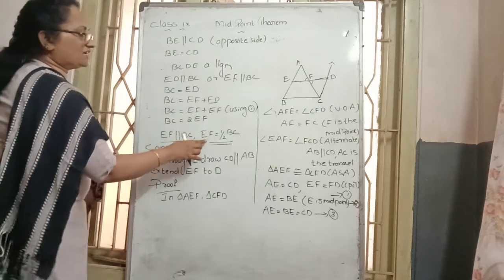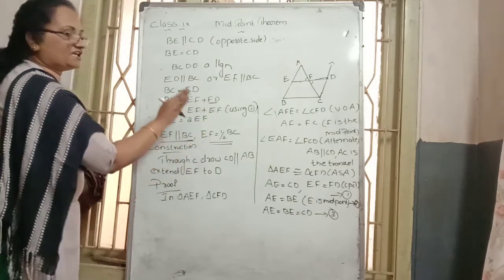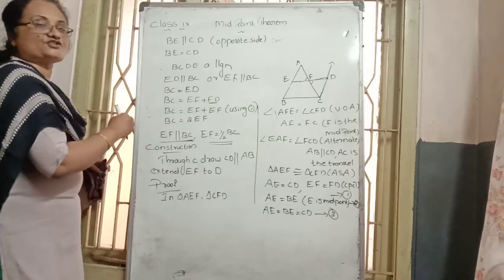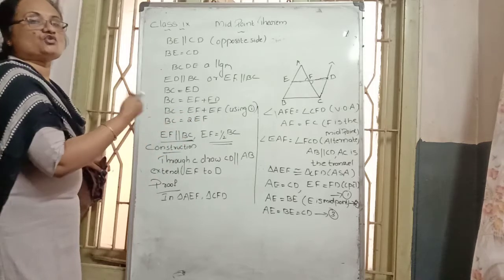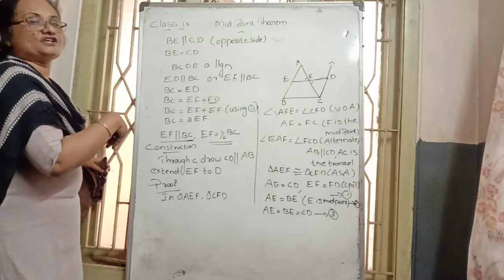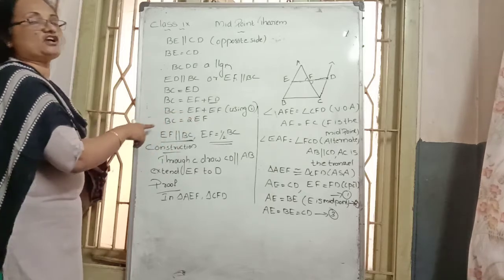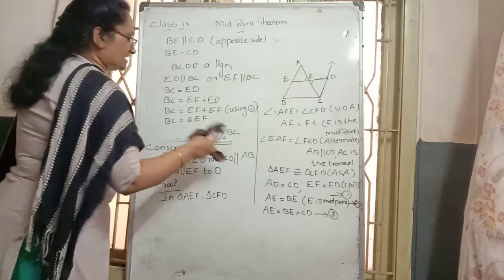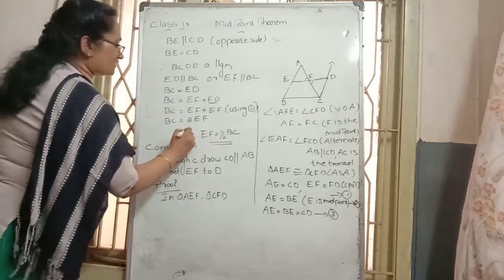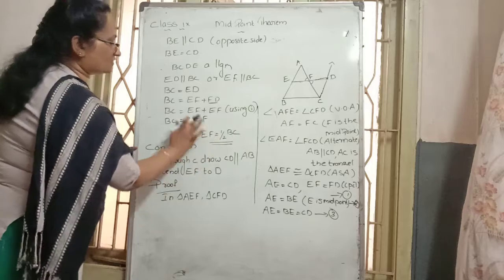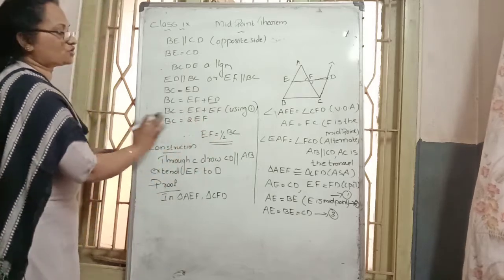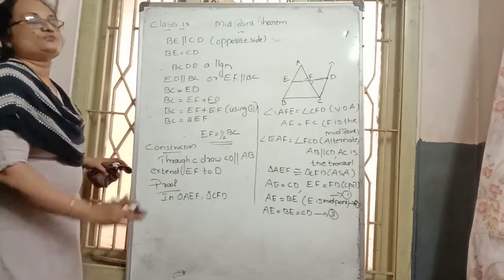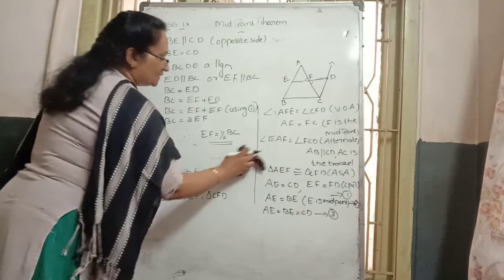We want EF alone, so keep EF on one side and send 2 to the opposite side, where it becomes the denominator. So we can say EF is equal to half of BC. Hence we proved the midpoint.